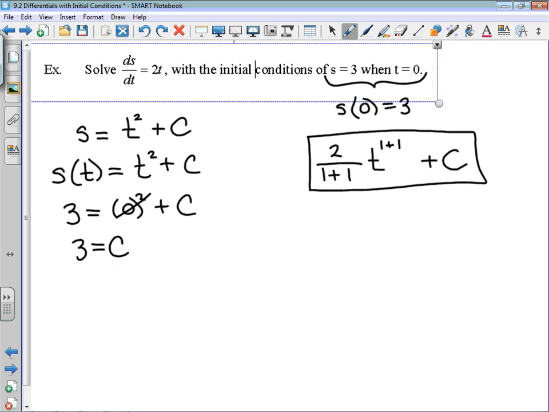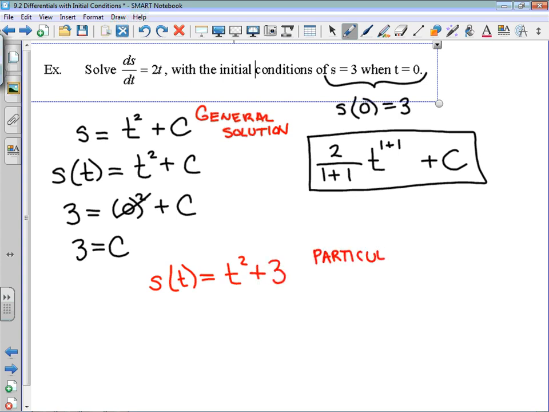That's really important: this function is the general solution. If we just had that ds over dt is equal to 2t, that would work for any value of c. But because we have that additional initial condition, and 3 is equal to c, I would say that s of t is equal to t squared plus 3, and we call that our particular solution.